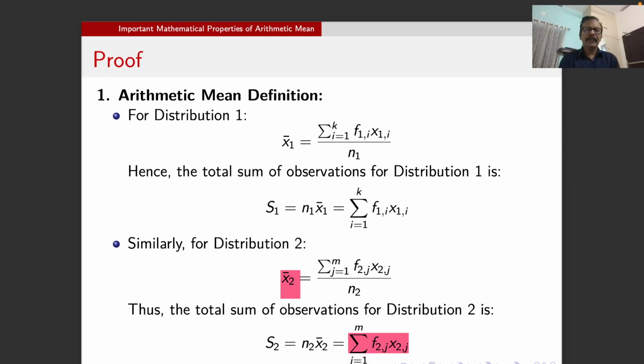Let me denote this sum as S2. That is the total sum of the observations.